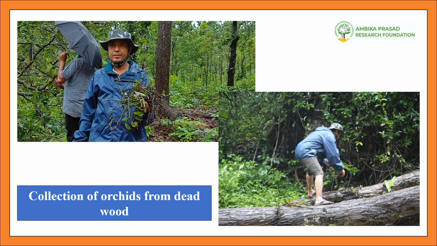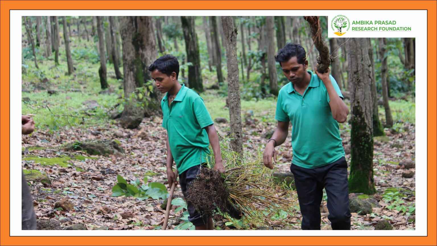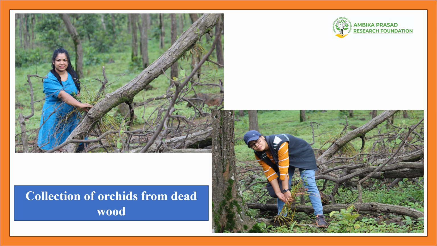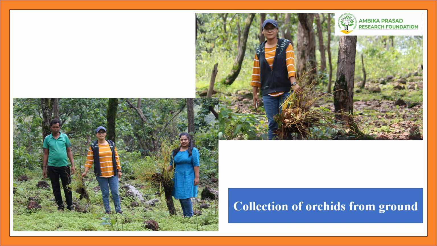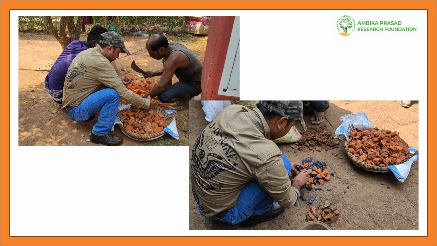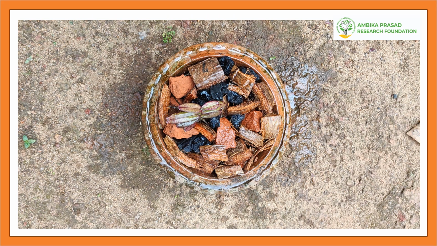Now we can observe how we restored the orchid species from the dead wood. So you can observe here, we collected the orchid species from the dead wood and we restored them in many places using different propagation methods.